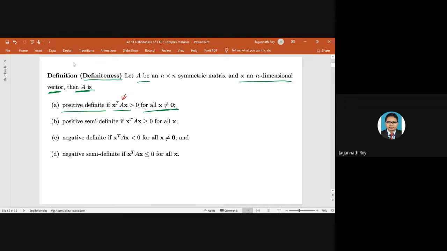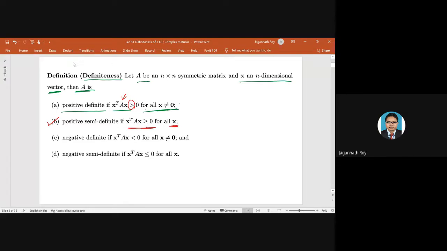If the matrix of the quadratic form is positive definite, then we call the quadratic form positive definite. Similarly, it will be called positive semi-definite if it satisfies this relation. Earlier we had strictly greater than 0, now we have greater than or equal to 0 for all x.